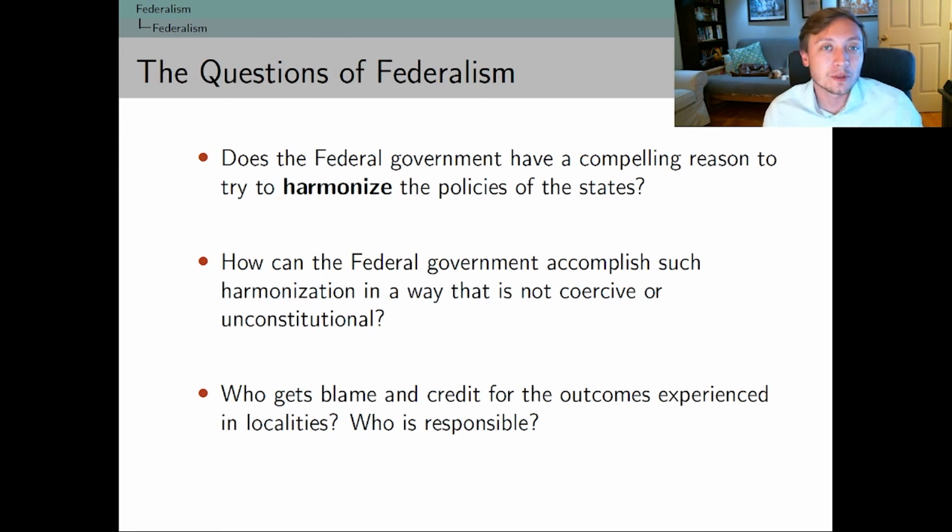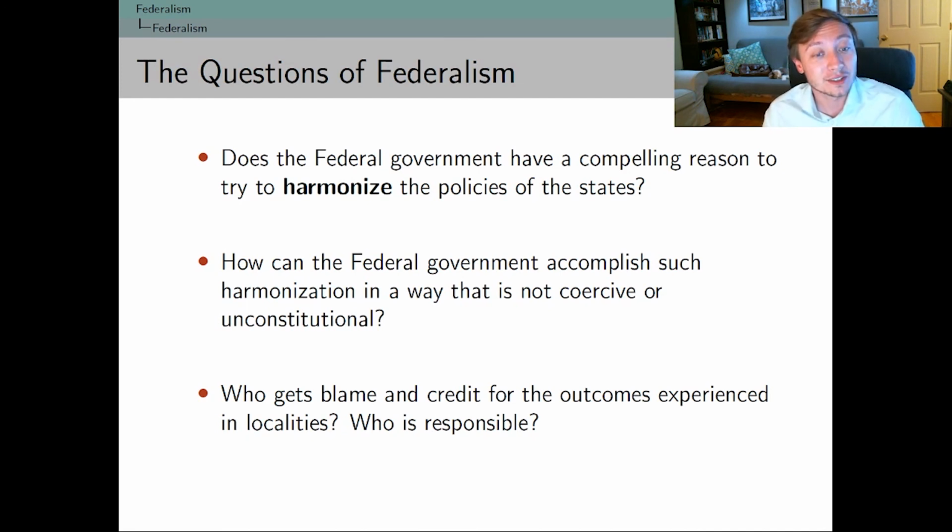I think that a lot of people would argue that during the Great Depression, this first federalism question was answered in the affirmative, which is to say, well, if we don't have the Tennessee Valley Authority, what's going to happen to the people of Tennessee? We need some kind of harmonization in terms of economic policy, and the federal government can accomplish it. So that's a check, a positive check on that question.